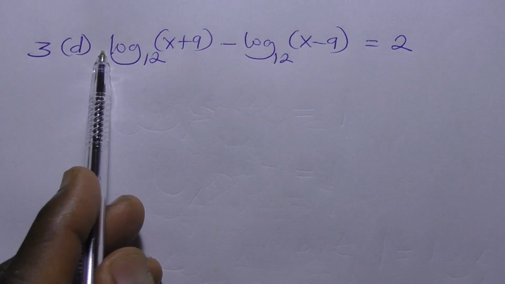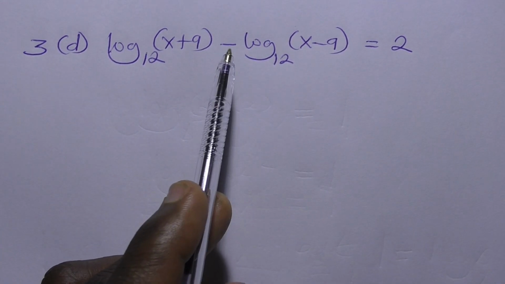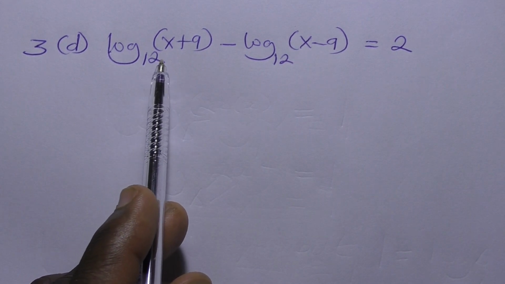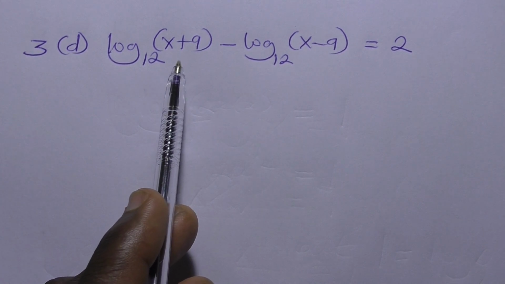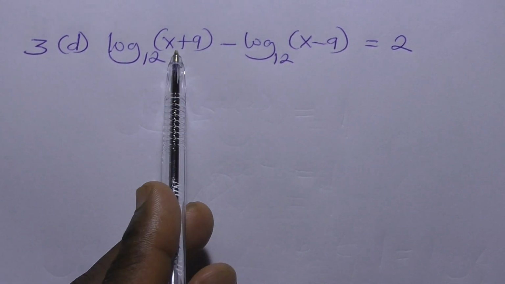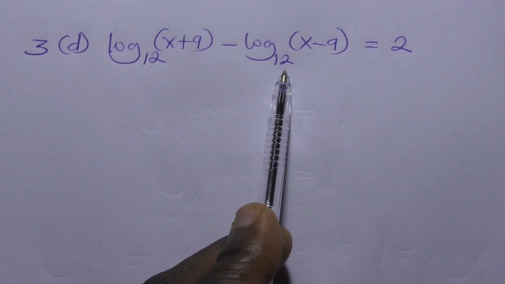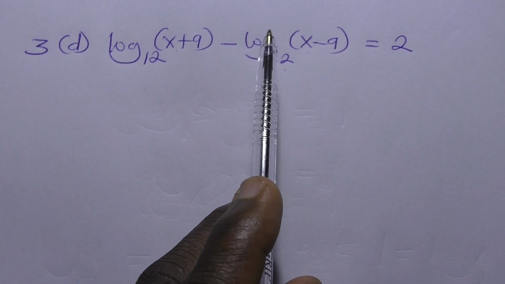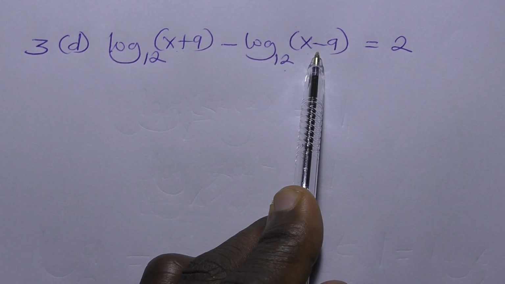Still, our coefficient here is a silent one, which we can ignore, and therefore we can go straight to the subtraction rule, whereby when we are subtracting logarithms of the same bases, we simply divide the powers. However, it's the first power divided by the second power.